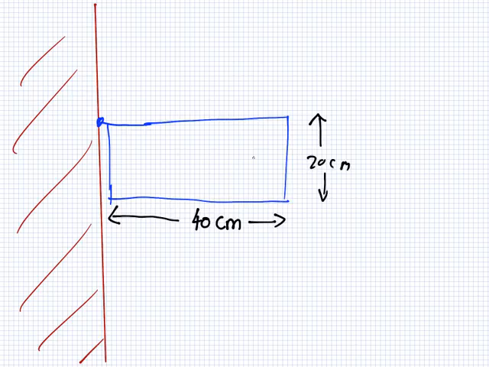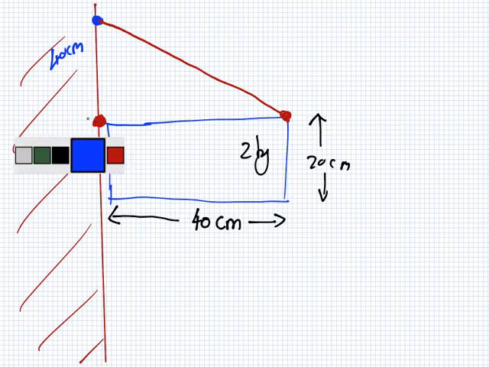And then the mass is 2 kilograms. And the stay is attached 40 centimeters up the wall, so it's here. And the wire runs along here, like this. And it's attached here as well. And this is everything we know, I believe. This is everything. Okay. Now time to draw forces.